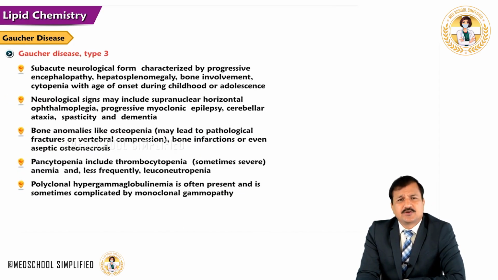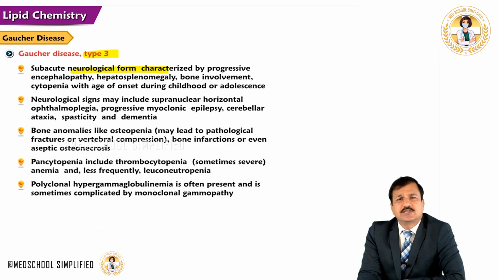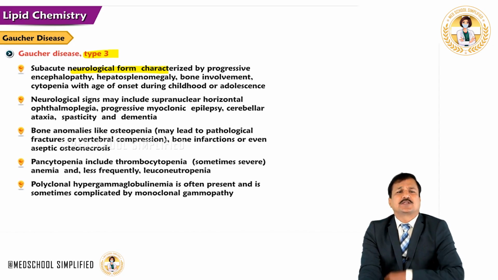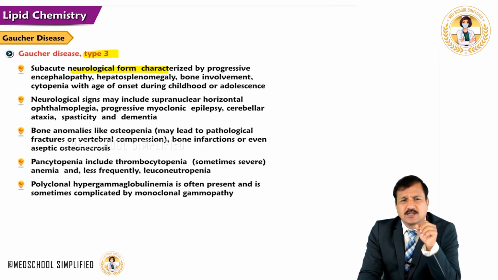Coming to type 3 Gaucher's disease. It is a subacute neurological form characterized by progressive encephalopathy, hepatosplenomegaly, and bone marrow involvement leading to cytopenia, with age of onset in childhood or adolescence.